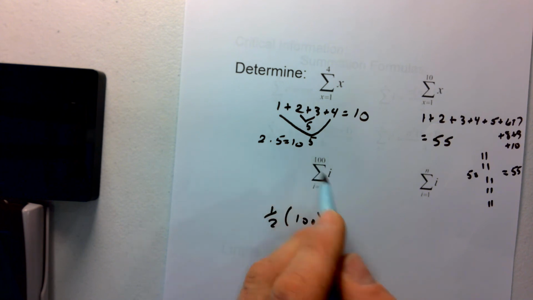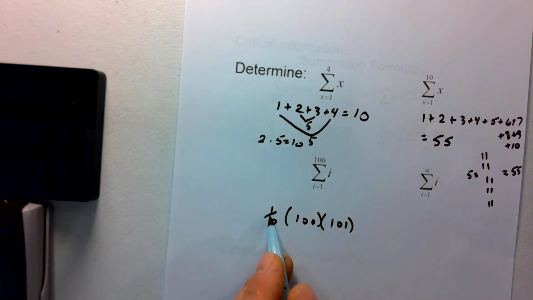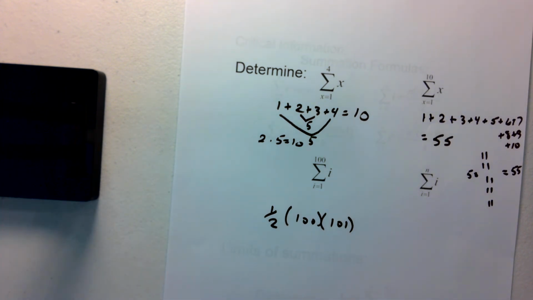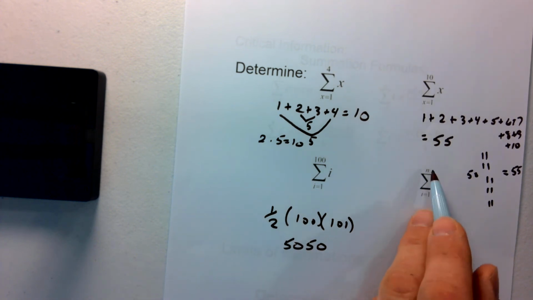My first term would be 1, so I'd have 101. So I'd have half of 100 times 101. If you want, in your calculator you could do that, but we'd have 50 times 101, and that's going to give us 5,050.